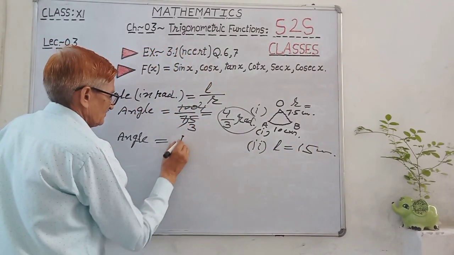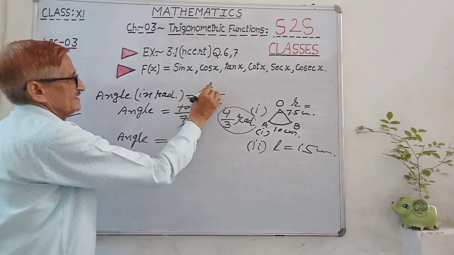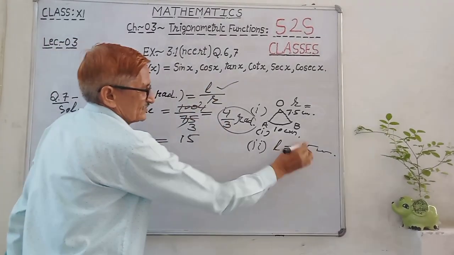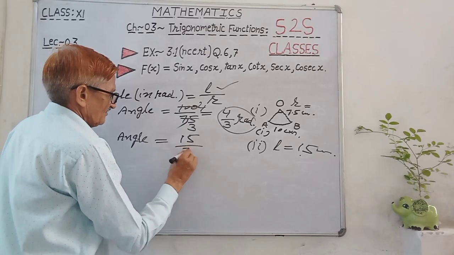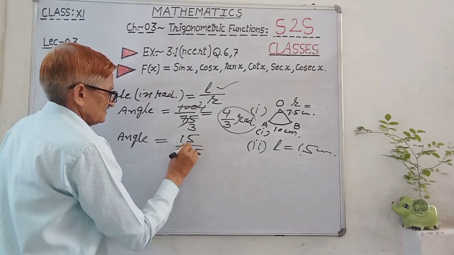L is 15 centimeter for the second case, and the radius is the same, 7.5. Then simplify.